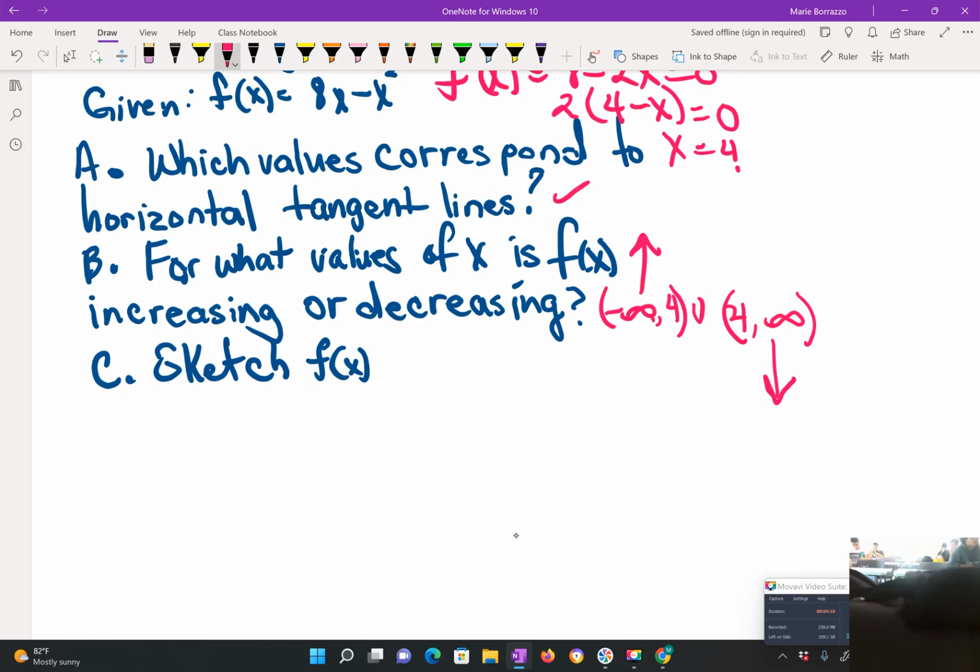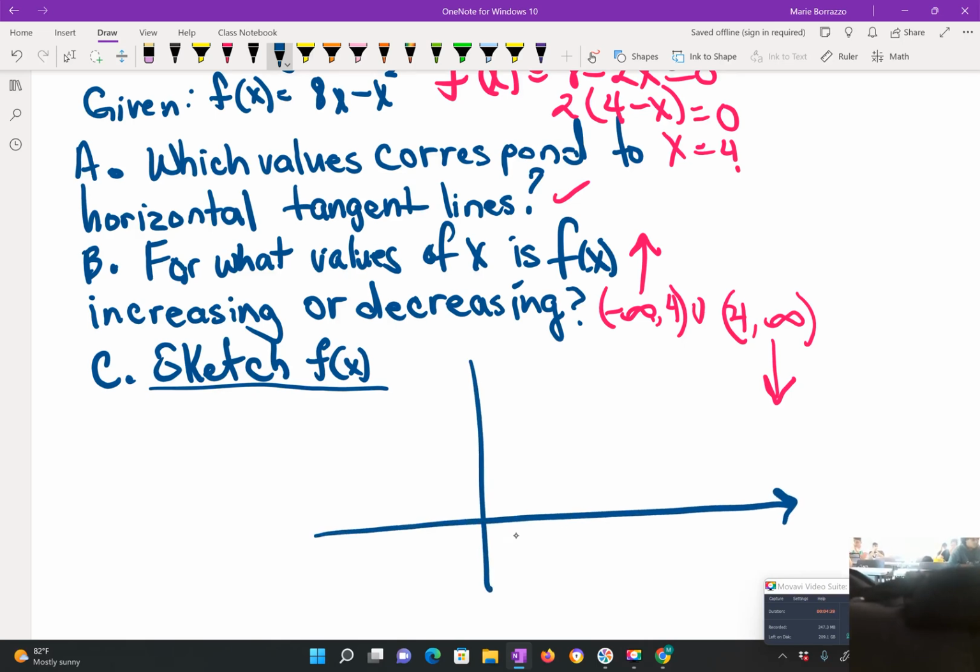You should use what they refer to as test points. For the record, I know we were asked to sketch it, which you're welcome to do. Technically this is your xy plane. Here at 1, 2, 3, and 4, at 4 we have an axis of symmetry. And this is obviously at the tangent line.